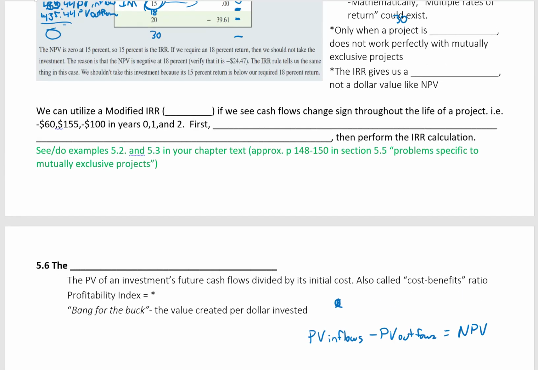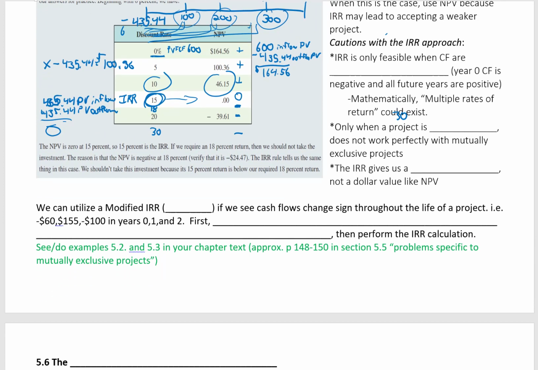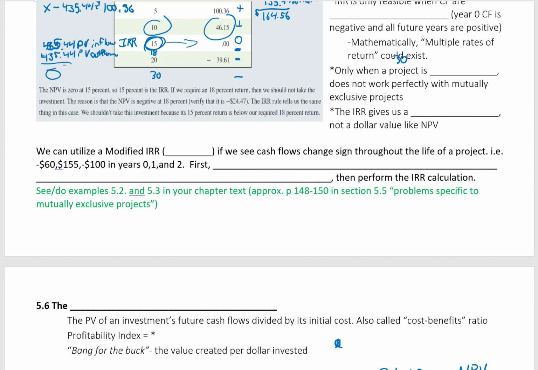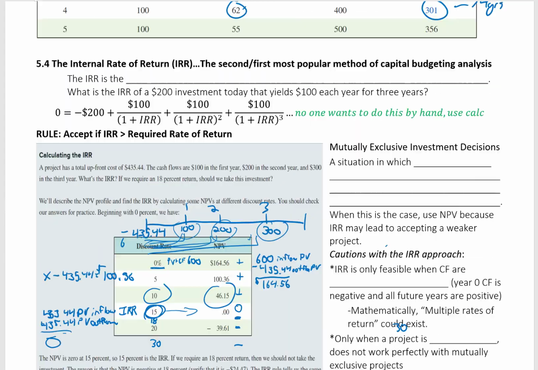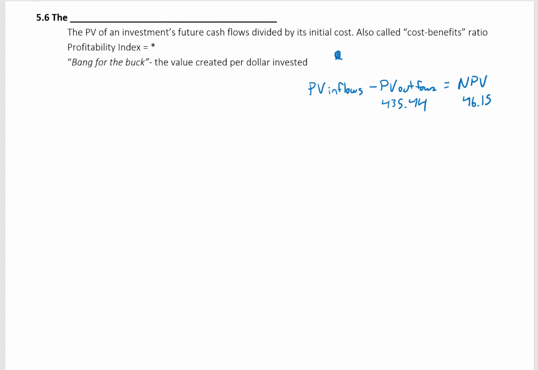So in this case, if we know 435.44 is the present value of the outflows, and at a 10% discount rate, 46.15 is our NPV, then we know that the present value of our inflows must be $46.15 plus 435.44. The present value of the inflows must be 481.59.